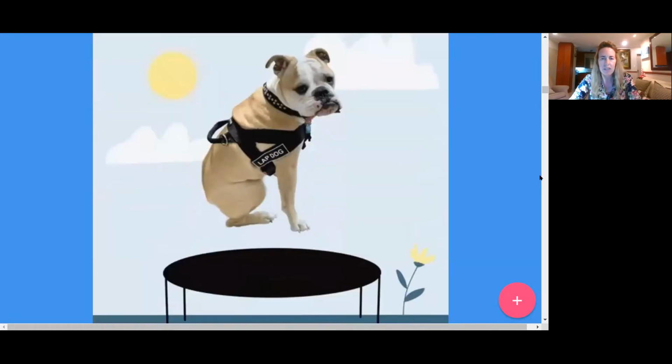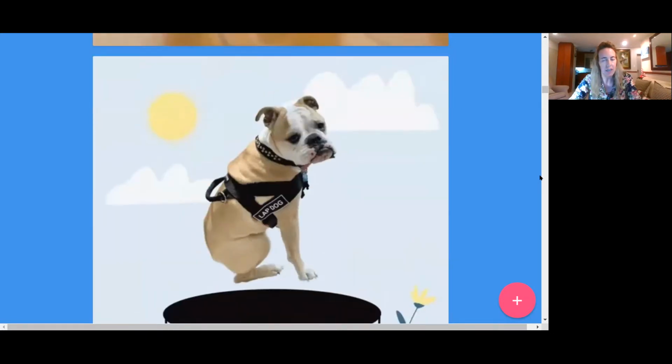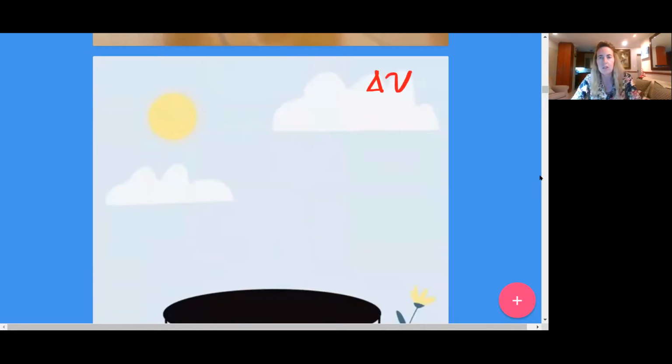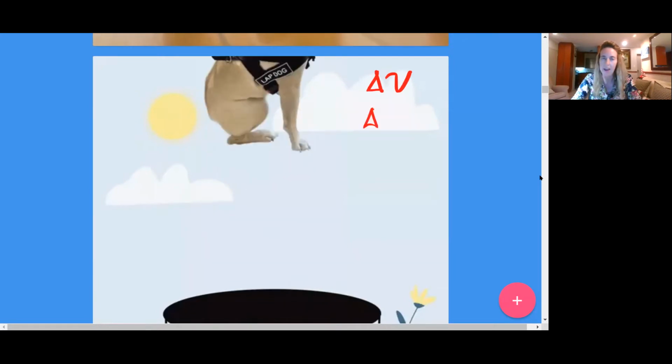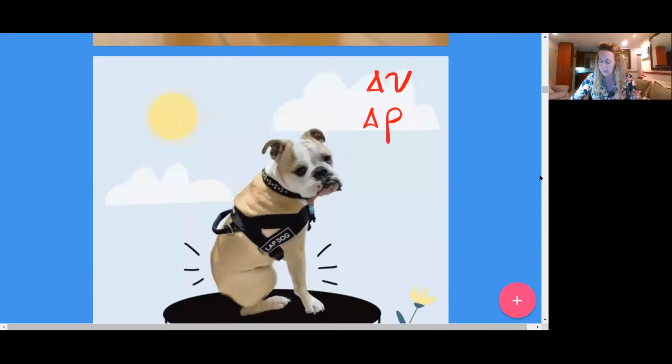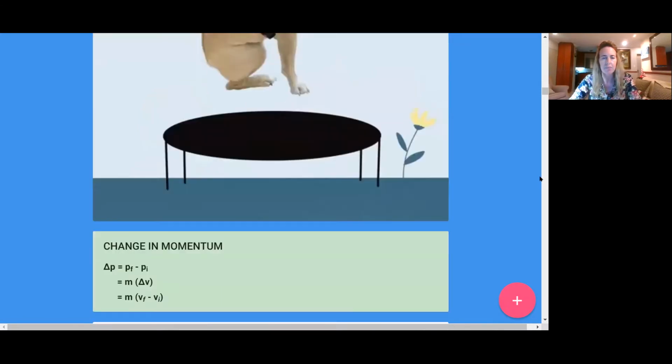But what if the velocity of an object is changing? If the velocity is changing, we denote it with delta V. That would immediately mean that we also have a change in momentum. And how would we calculate that change in momentum?